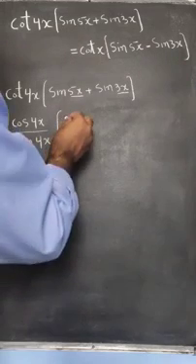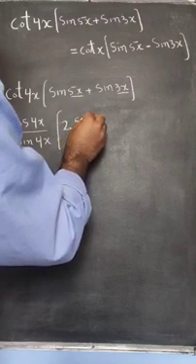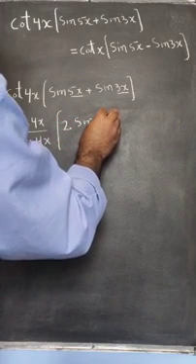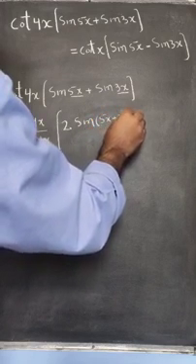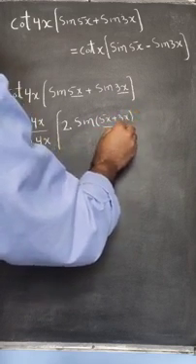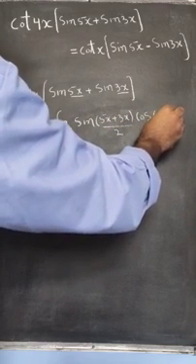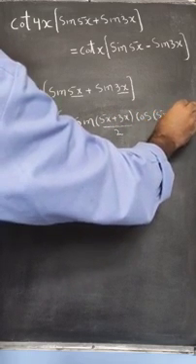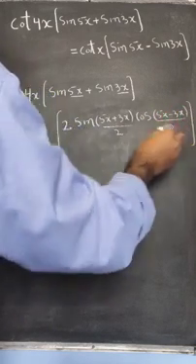So we can write twice sin 5x plus 3x divided by 2 cos 5x minus 3x divided by 2.